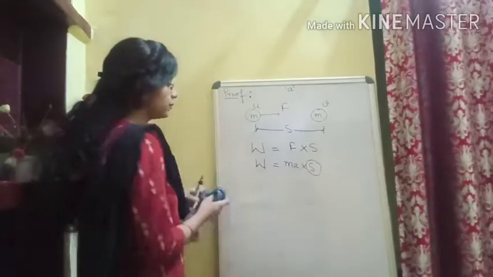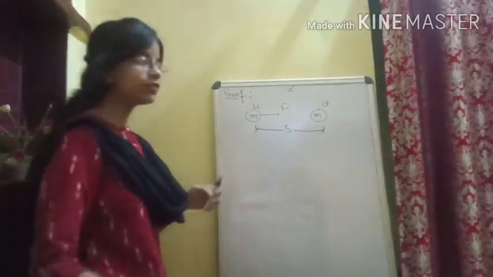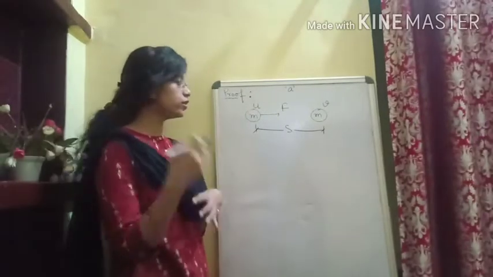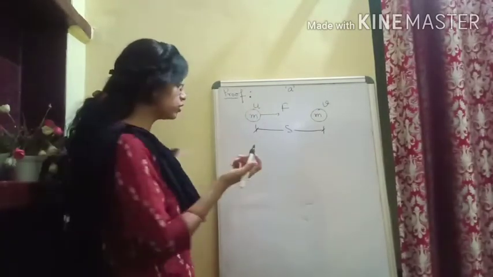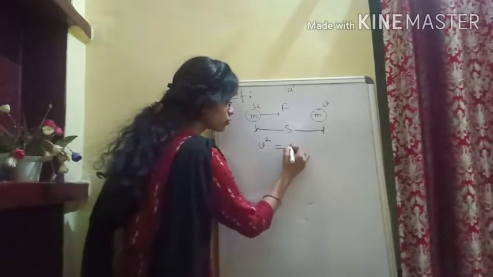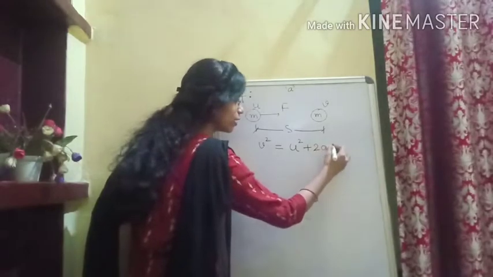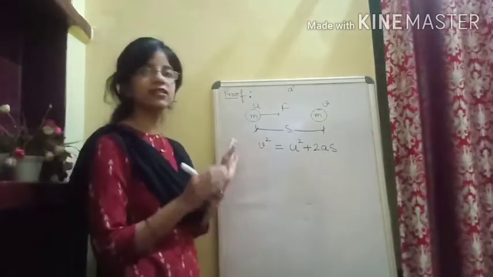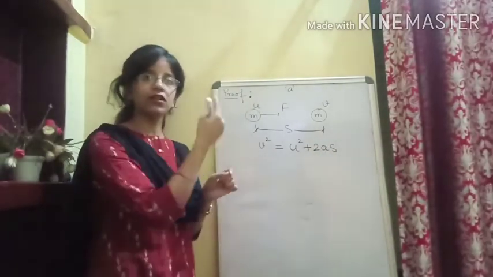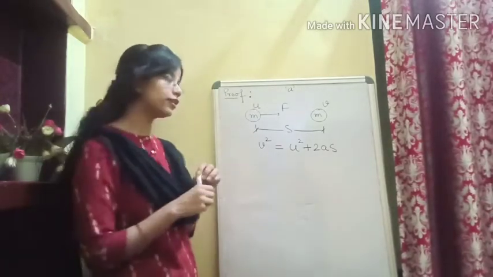So now let's see. To calculate the displacement, we are going to use one of the equations of motion, the third one actually. The third one is v square equals u square plus 2as. This is exactly the same step we followed to derive the expression for kinetic energy.